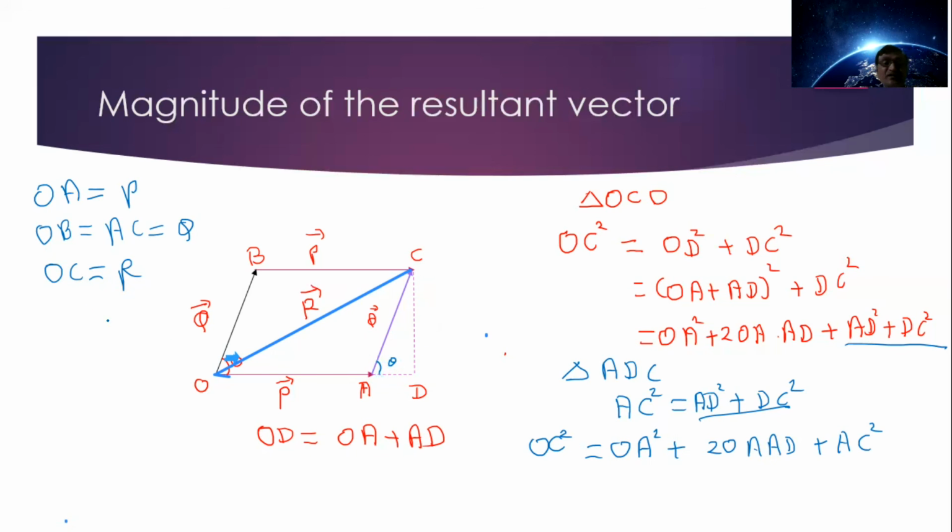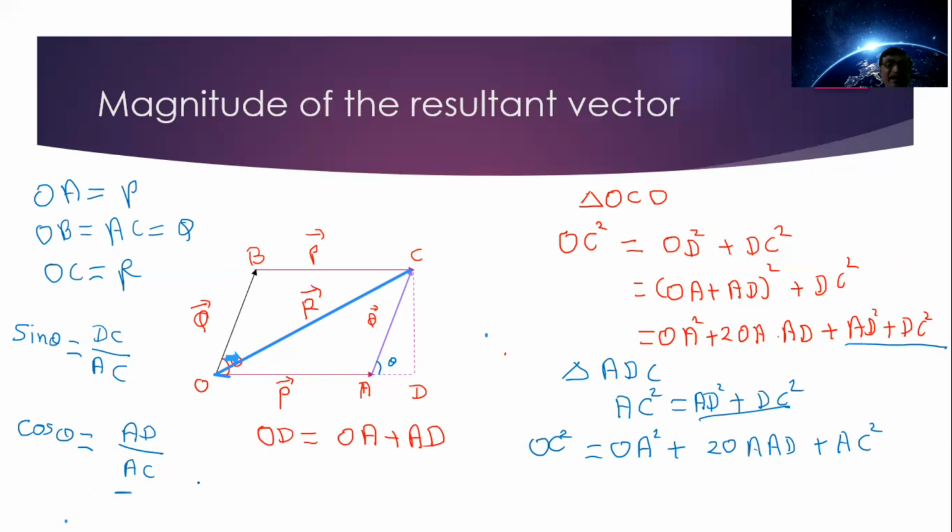From this figure we can write sine theta is equal to front side upon hypotenuse, that is DC upon AC, and cos theta is equal to adjacent side divided by hypotenuse, that is AD upon AC.